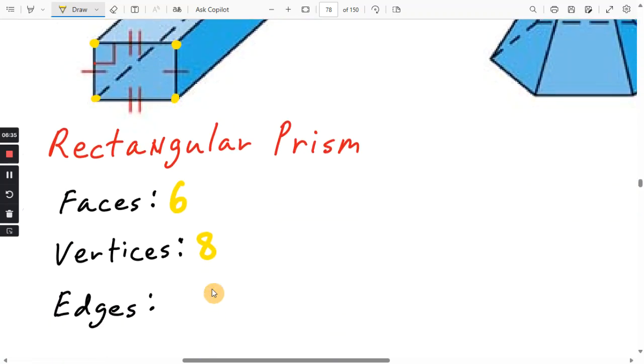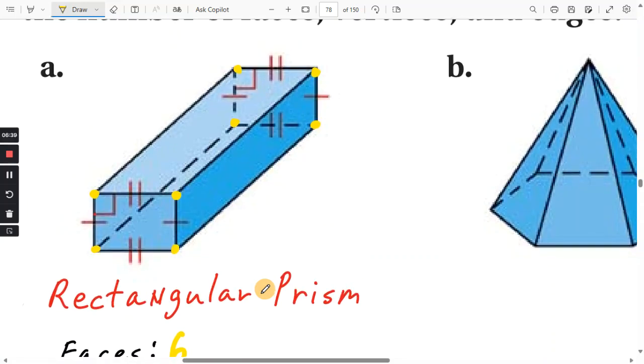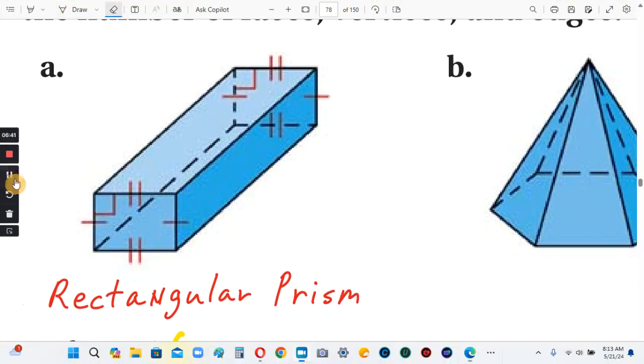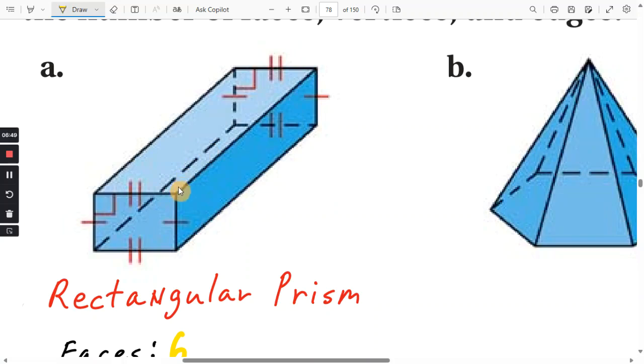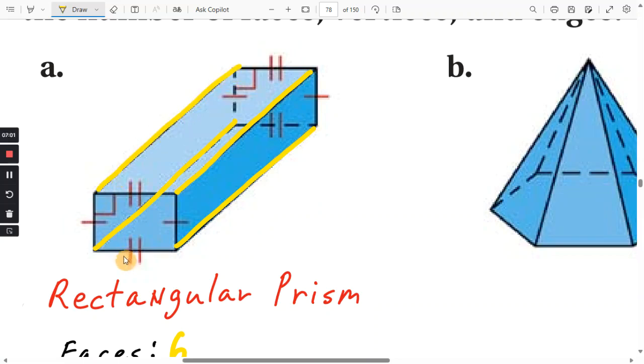All right, and finally, edges or segments. Let me clean up the diagram. See if you can count the number of edges or segments. Let's see. We have 1, 2, 3, 4. 4 so far.